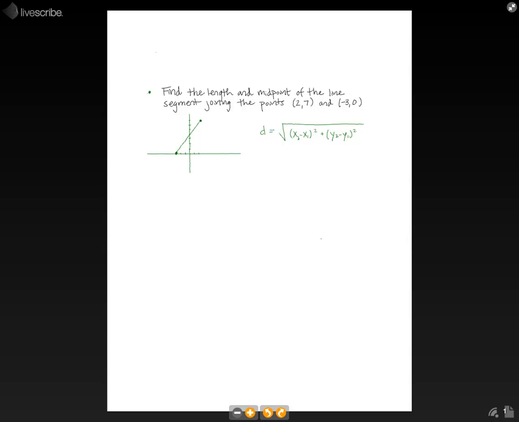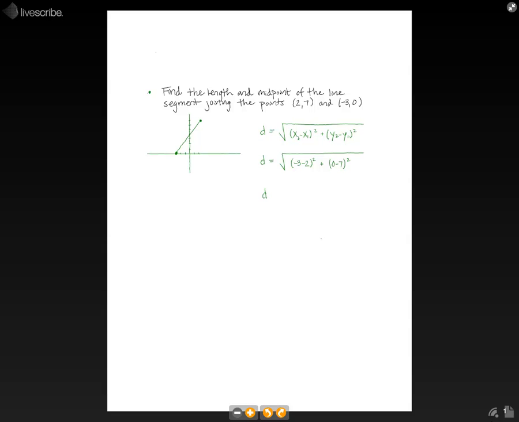So here, the distance is equal to the square root of (-3 minus 2) squared plus (0 minus 7) squared.